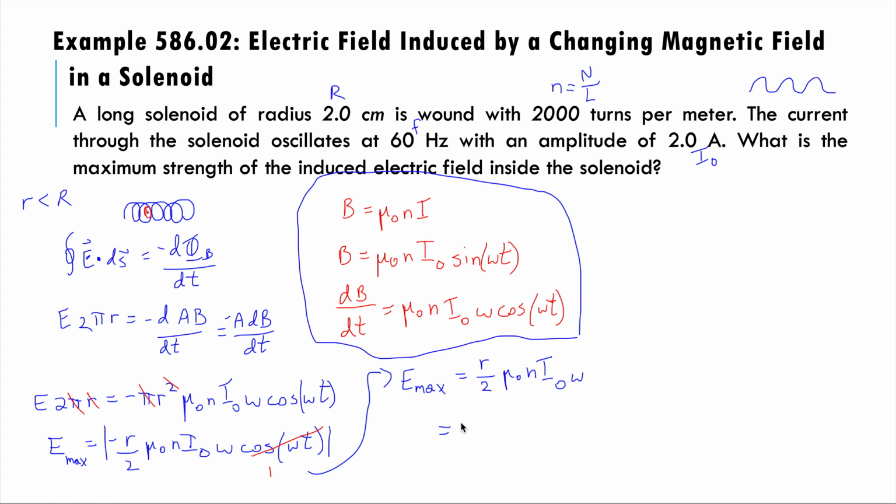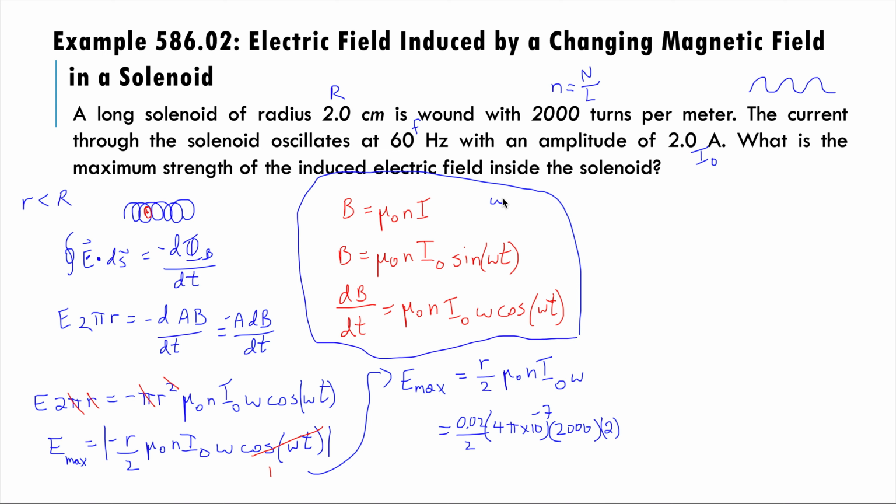So let's go ahead and plug in all the numbers. The radius is going to be 2 centimeters or 0.02, divided by 2 mu naught, permeability of free space, 4 pi times 10 to the negative 7. N is 2000. And then I naught is 2 amps. And then we have omega, the angular frequency.